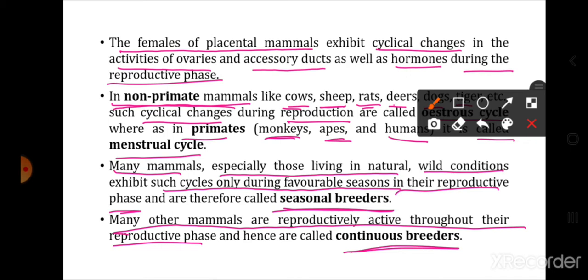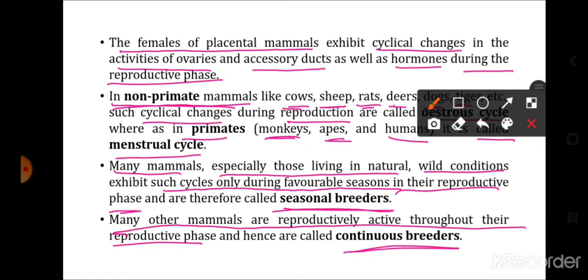Clear, students? So, cyclic changes occur in the ovaries, in the ducts, as well as in the hormone secretions in the reproductive phase of the females. These cyclic changes are of two types. In non-primates, it is the estrous cycle, and in primates, it is the menstrual cycle.